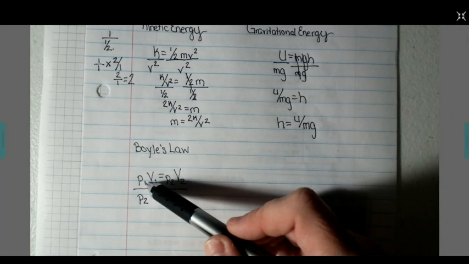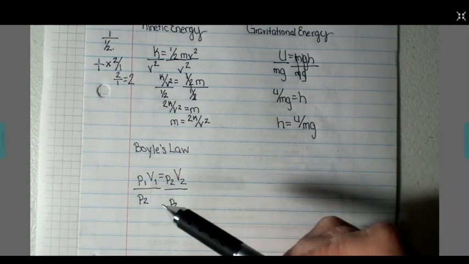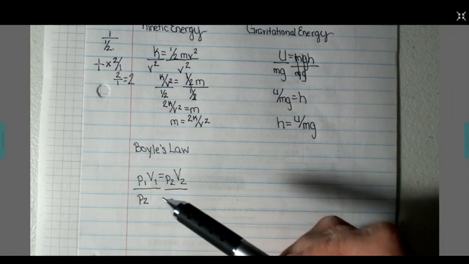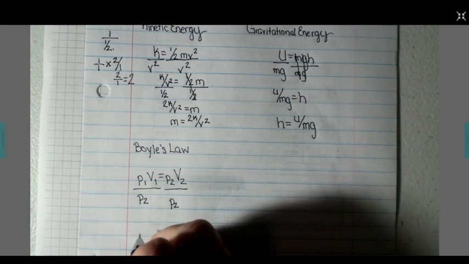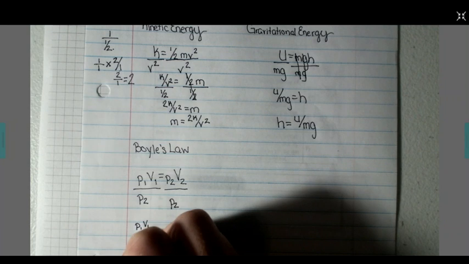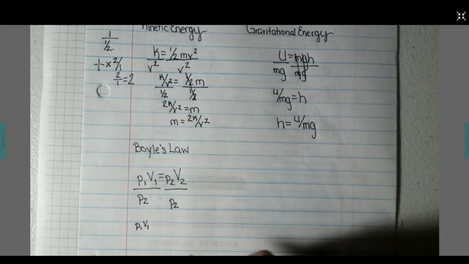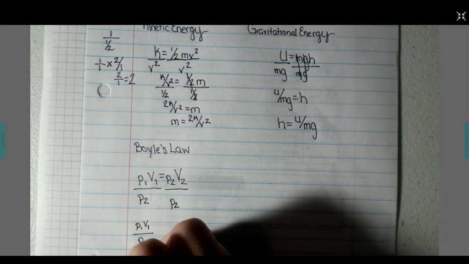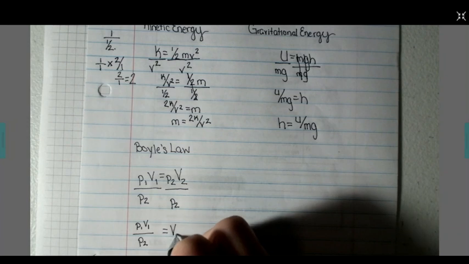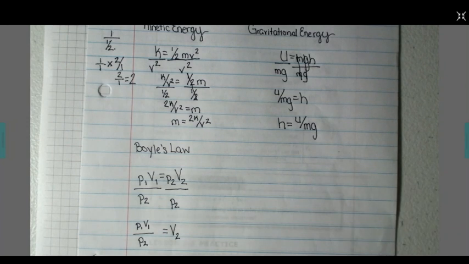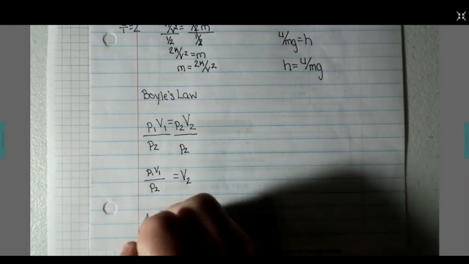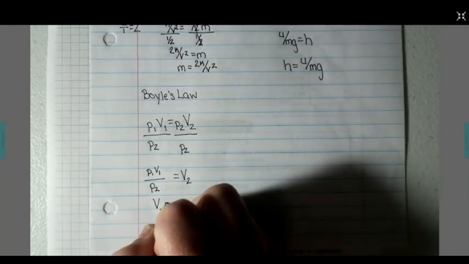Now remember, just because these are both P's, these are not the same variable because they do not have the same subscript. So this is going to be the initial pressure and volume of gas divided by the final pressure of the gas equal to the final volume of the gas. Now, again, we don't like the V2 to be on the right-hand side, so we want to use the symmetric property.